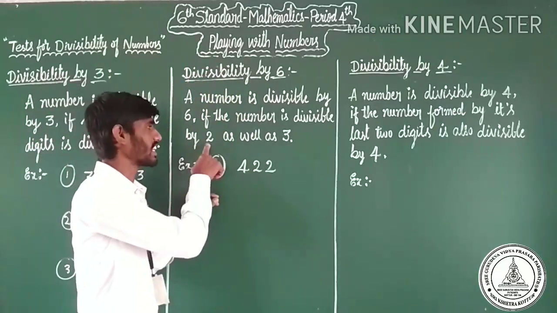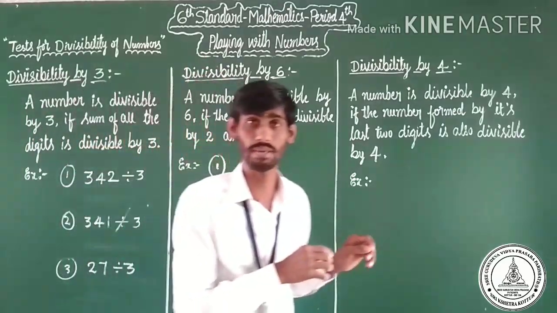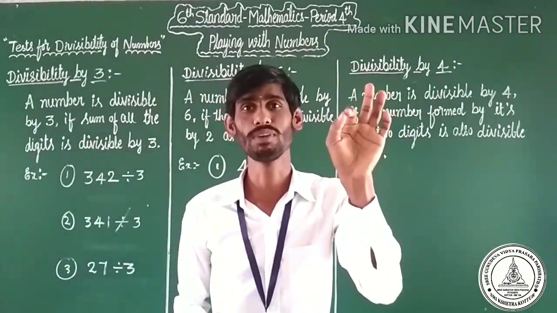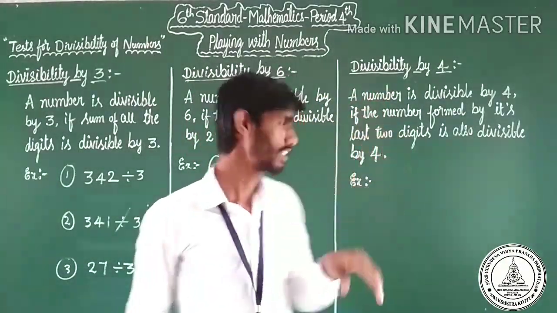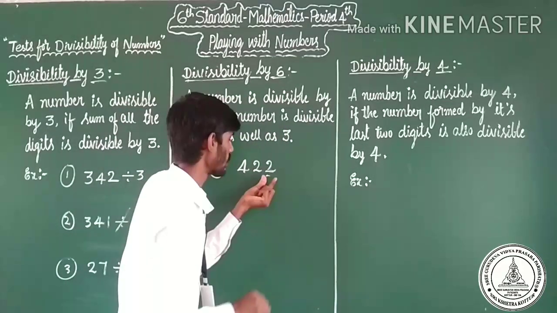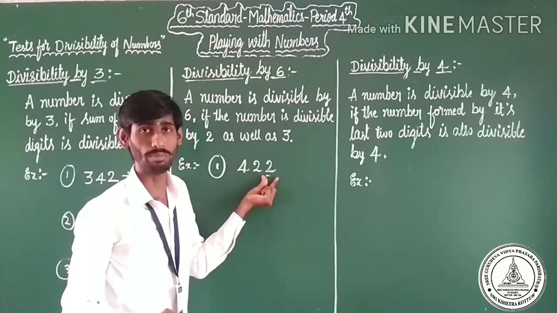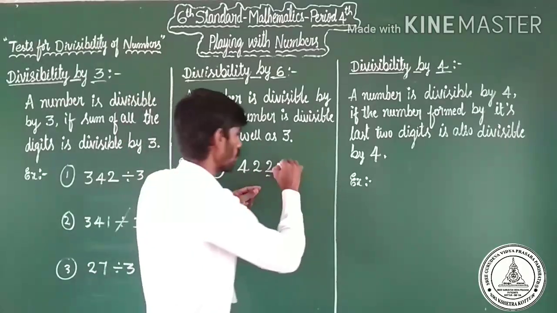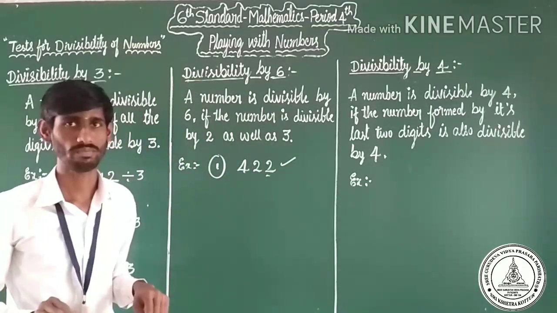What is the rule of 2? Divisibility by 2: the one's place must be occupied by an even number: 0, 2, 4, 6, 8. Observe here, the one's place is occupied by the even number 2. So it passes the divisibility by 2 rule. Okay, the first step is clear.